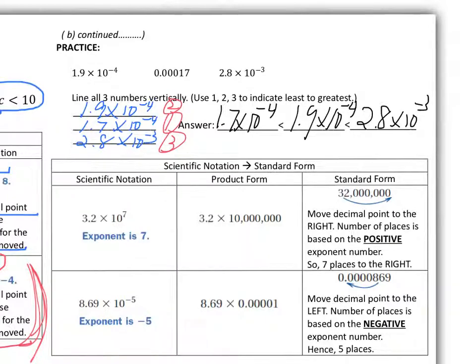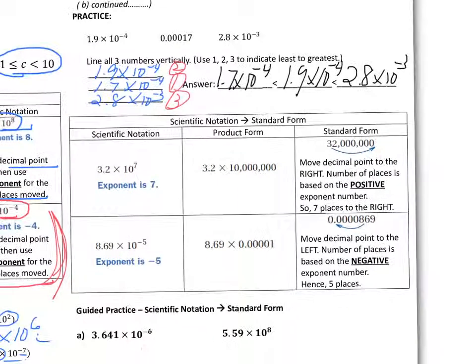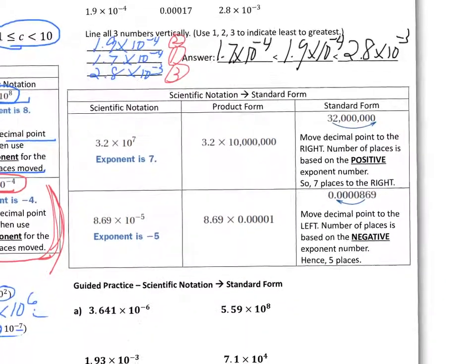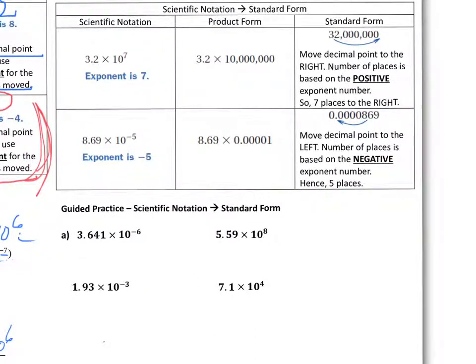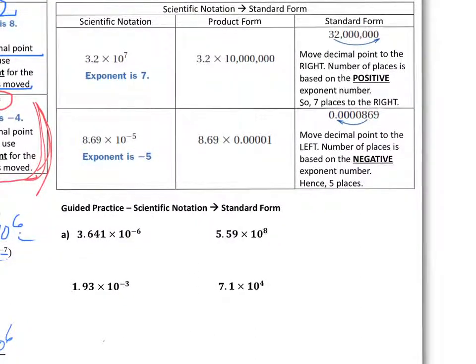Okay, now that we learned how to change from the standard form to the scientific notation, we have to learn how to switch it back. Okay, so from scientific notation to standard form, all you have to do is multiply by 10 to the negative 7th power here, for example.